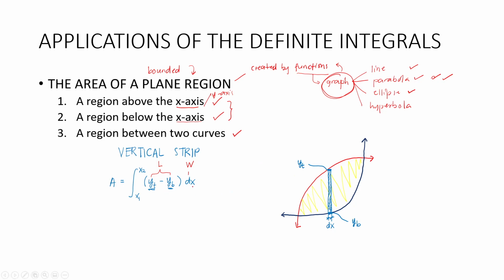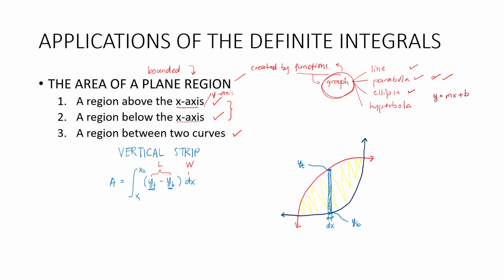So how about for x1 and x2? So x1 and x2 are just the coordinates of the points of intersection in terms of the x axis. So why is it in terms of x when we are using y top and y bottom? So take note that in most of your functions, for example, it's y equals mx plus b, diba?